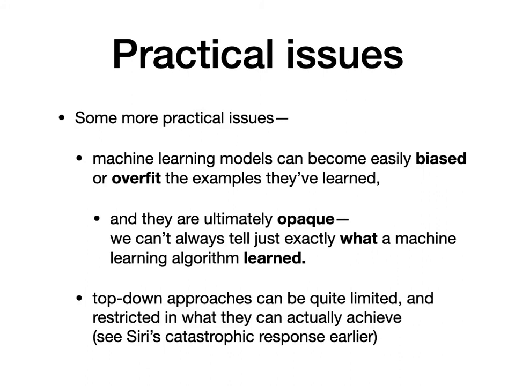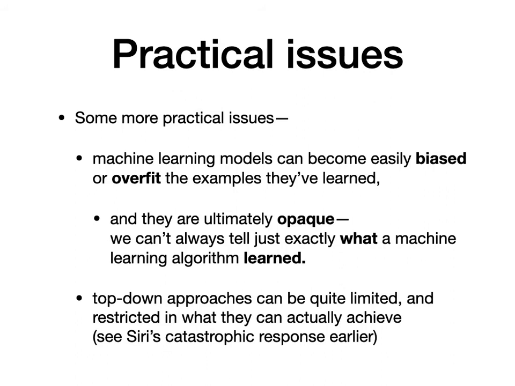A human just looking over those numbers, that's nothing to us. We can't really make sense of a big whole bunch of multiplicands, right? So it's hard to interrogate what the algorithm actually learned. It becomes very difficult to do that. So even if we know it's become biased, it's difficult to understand how it's become biased. That's a pretty rough patch for machine learning. It means that we're just kind of trusting that it's going to do everything the way we want it to.